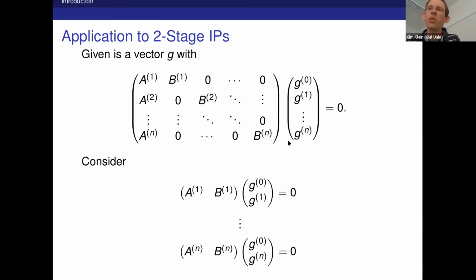What we can do is split the vector into sub-vectors that belong to those sub-matrices. A1, B1 is just this sub-matrix, and A2, B2 is this sub-matrix, leaving out the zeros. And then on the right side we have the corresponding sub-vectors of G. G0 is always on top because those belong to the A matrices, and then we have Gi, which corresponds to the respective B matrix.